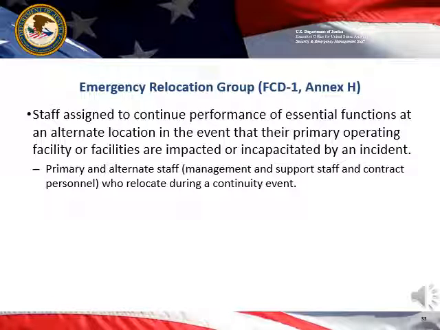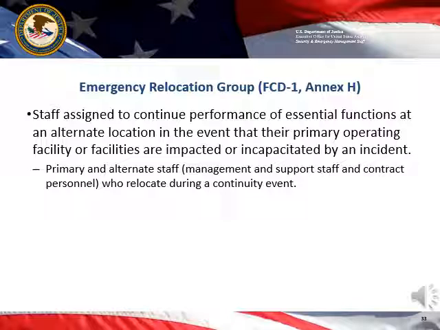During a COOP plan activation, Federal Continuity Directive 1 requires identifying and activating an emergency relocation group. The Emergency Relocation Group's primary responsibility is to continue performing essential functions at an alternate location if their primary operating facility or facilities are impacted or incapacitated by an incident.